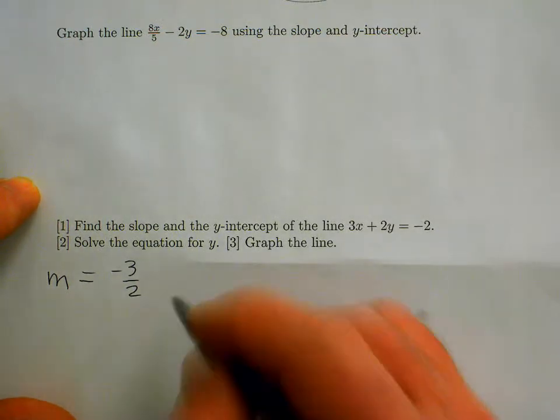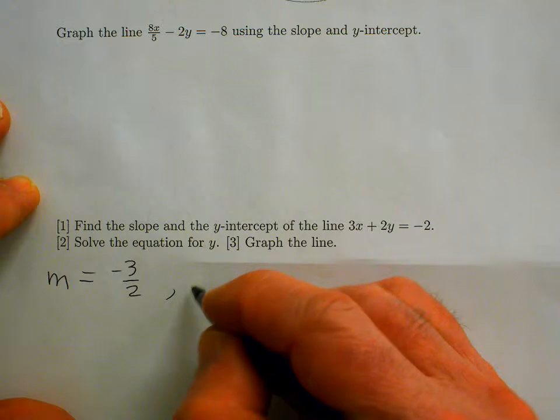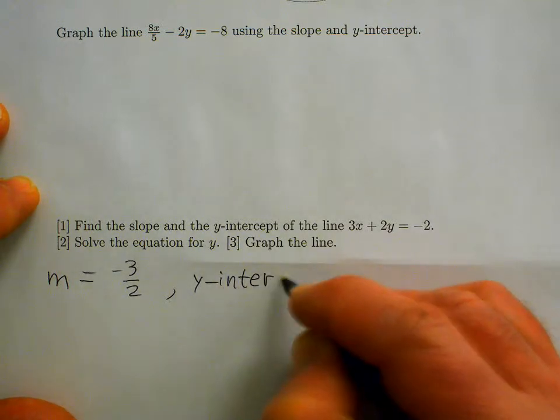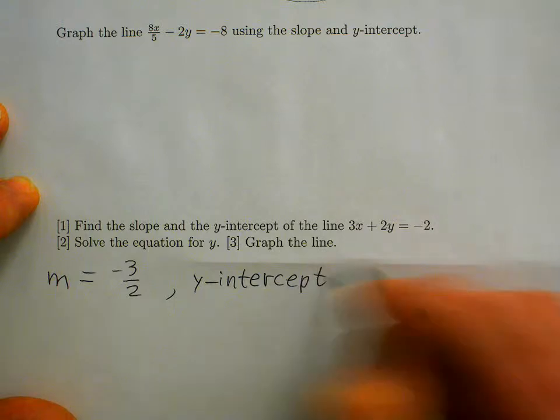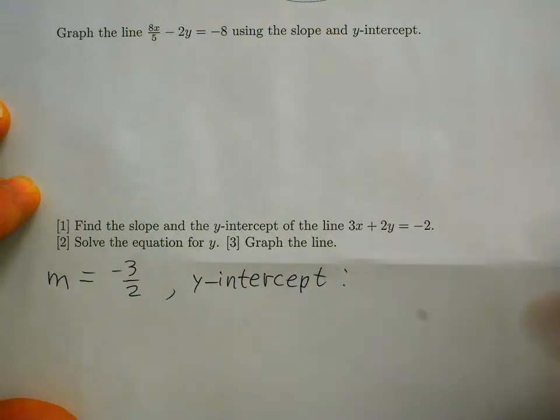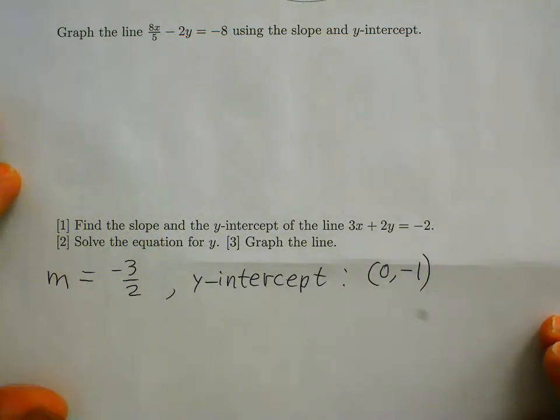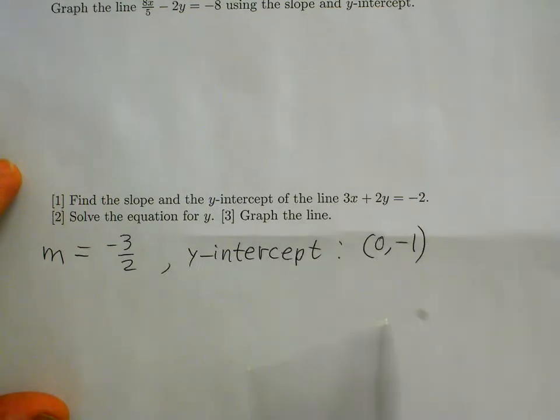Then find the y-intercept. We already found that. So if you look at your paper at the top, we already found that the y-intercept is 0, negative 1. Okay, so we already did that work.